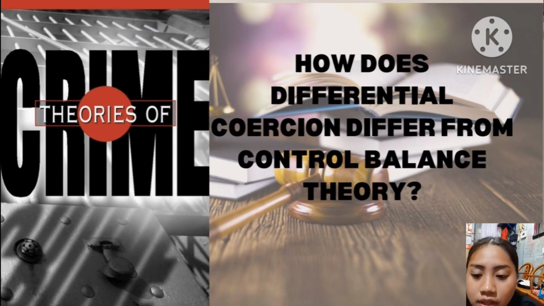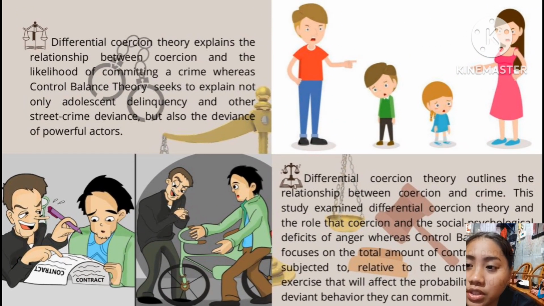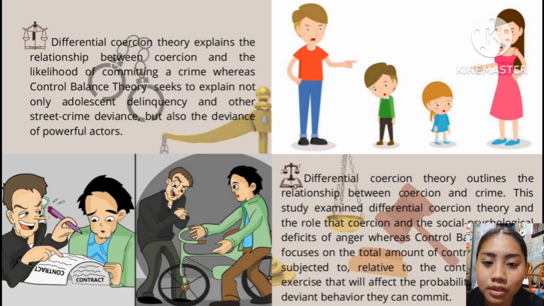How does differential coercion differ from control balance theory? Differential coercion theory explains the relationship between coercion and the likelihood of committing a crime, whereas control balance theory seeks to explain not only adolescent delinquency and other street crime deviance, but also the deviance of powerful actors.